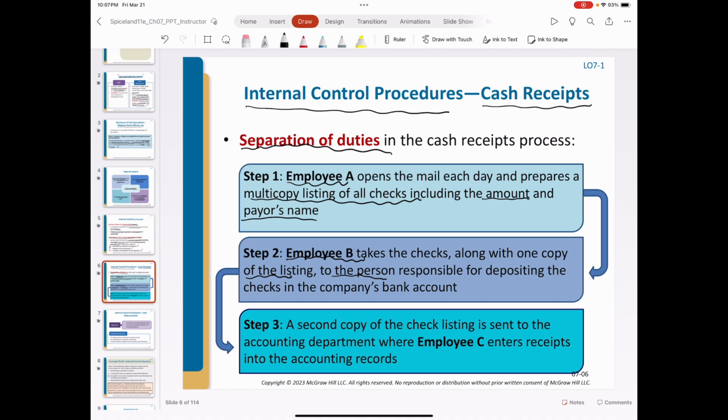The second copy of the list is sent to the accounting department, where a different employee, employee C, will enter these cash receipts in the accounting records, making the journal entries. That's the example of separation of duties.